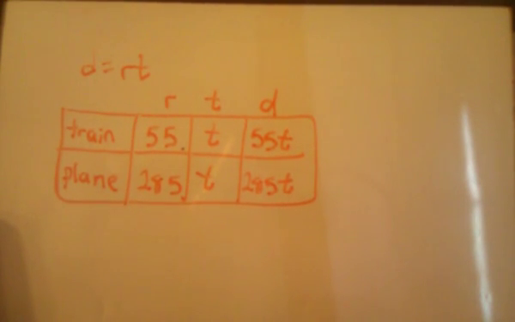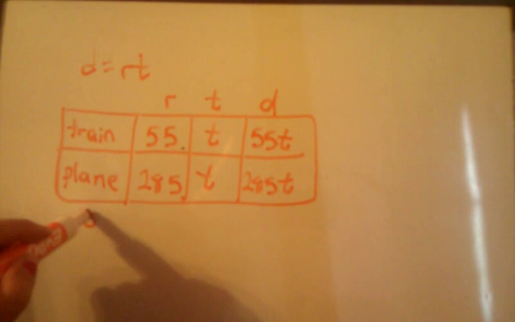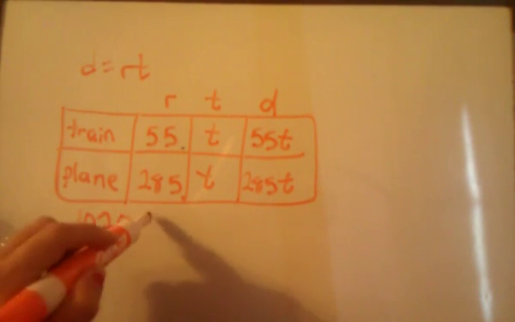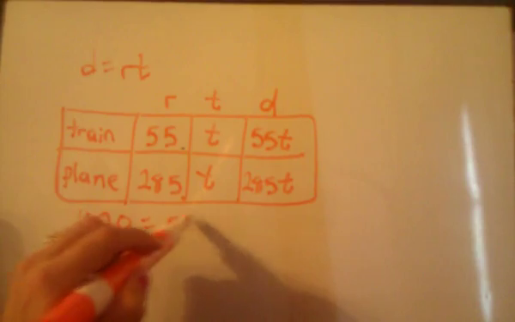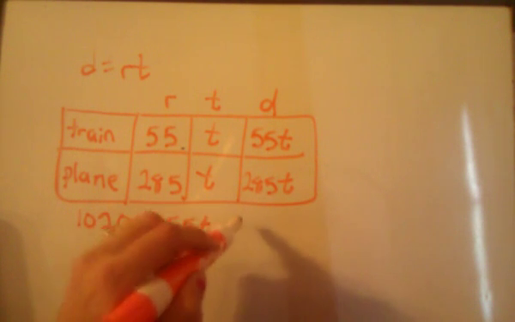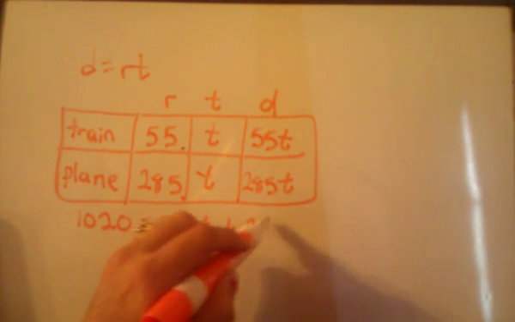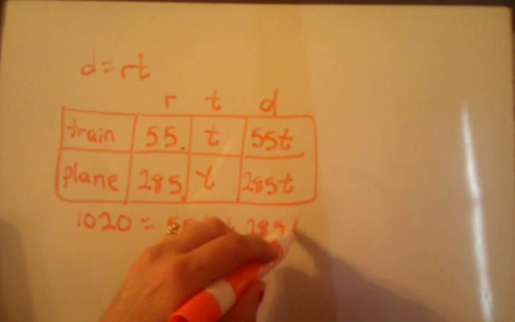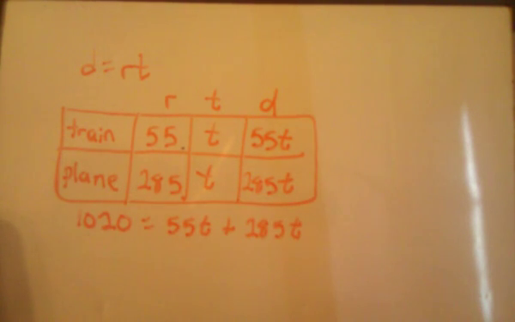Okay, now what is my equation? It says he traveled 1,020 miles. So my distance has to equal 1,020 miles. So 1,020 equals 55t plus 285t. Did you get that far?